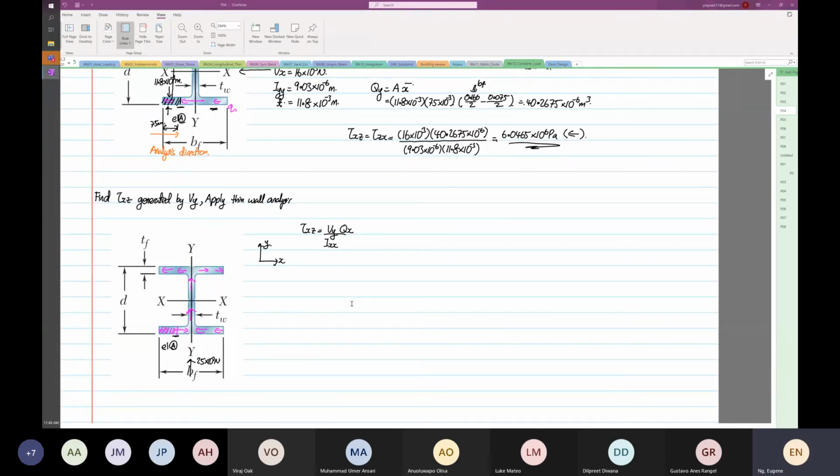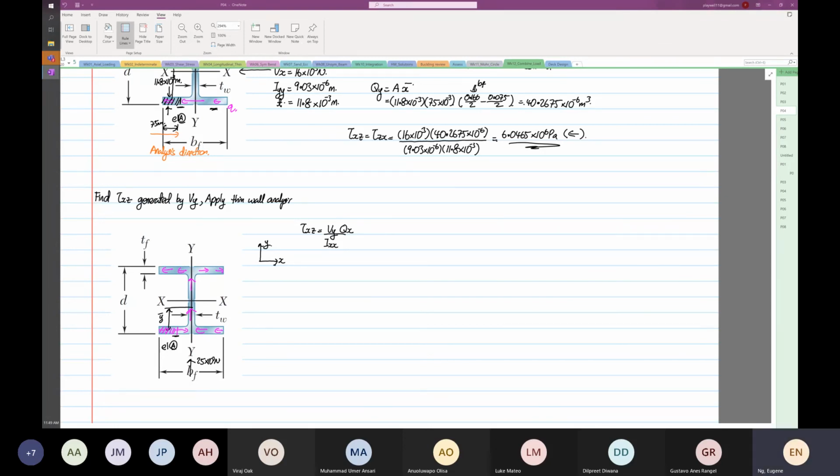So now you have to use the y direction, this direction now, for your first moment of area. Wait, let me write up the formula.